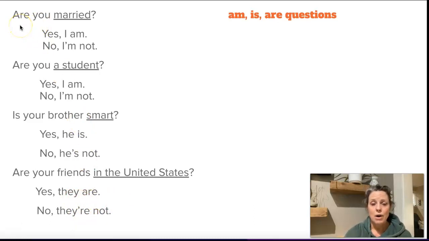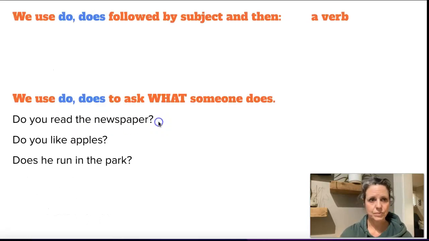So we use are for you, they, we. We use is for he or she or it. Remember, is he smart? We use do and does followed by a subject and another verb.